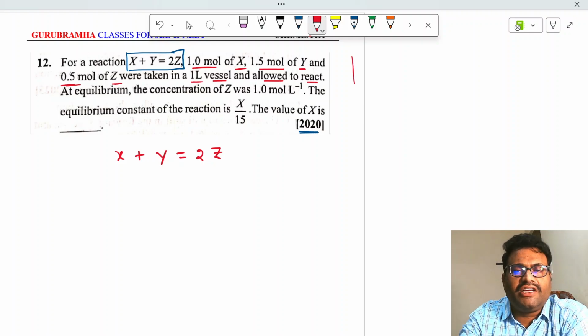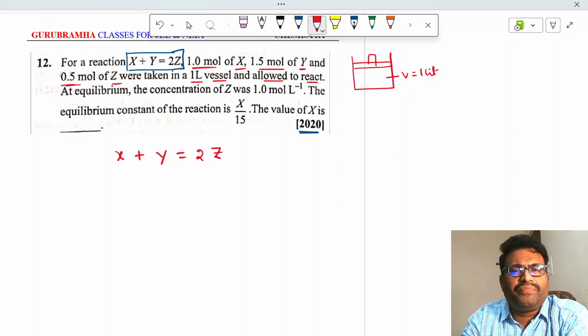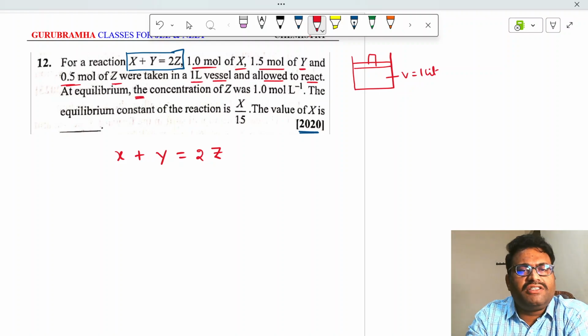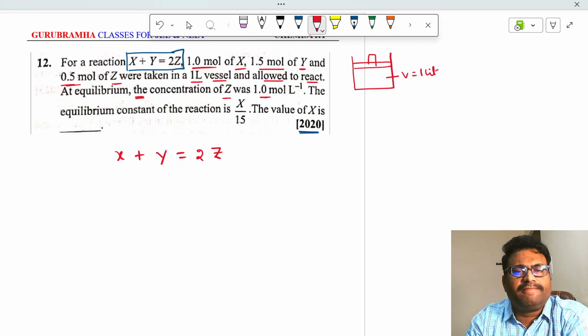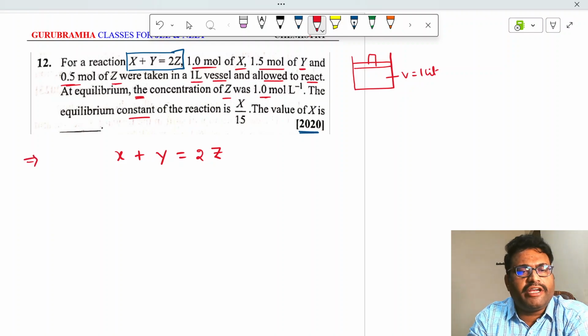Let us take this as a 1 liter vessel. Volume is equal to 1 liter. At equilibrium, the concentration of Z was 1.0 moles per liter. The equilibrium constant for the reaction is x by 15. The value of x is? This is the question.